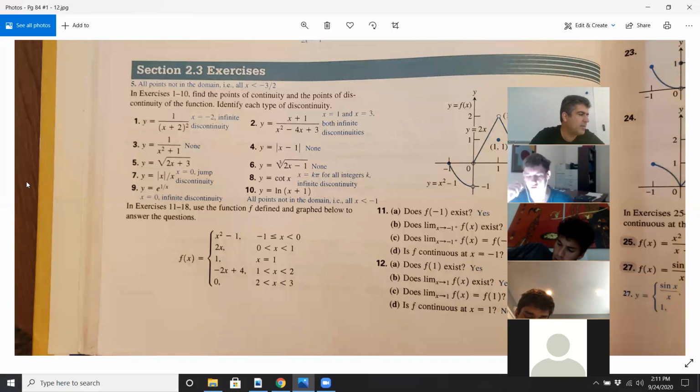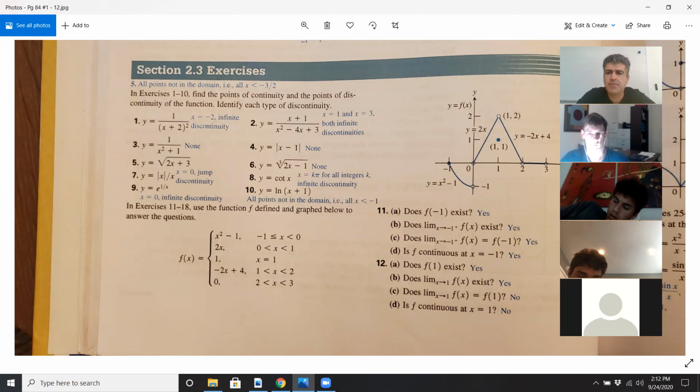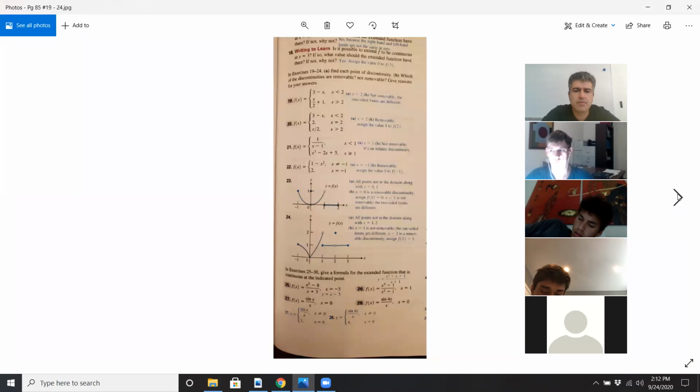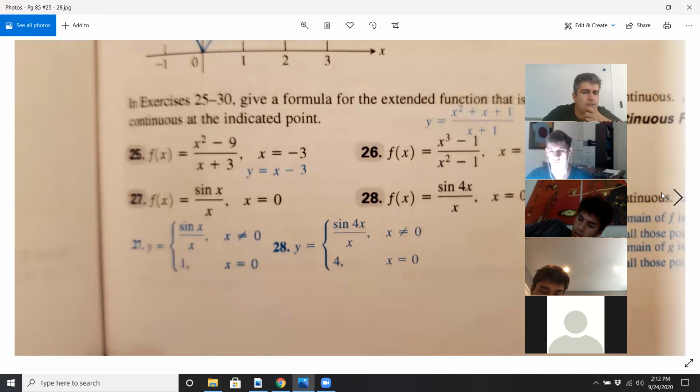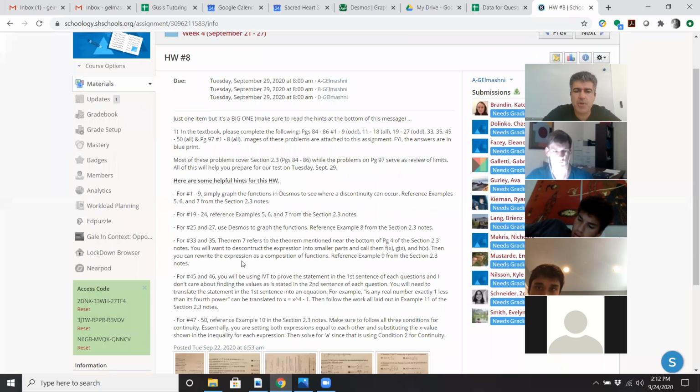What number again? Sorry. 27. Let's take a look at it. Yeah. So when asking to make an extended function, first of all, it's very similar to example 8. So I notice I put some hints here. If you look at the notes, that should help out some.